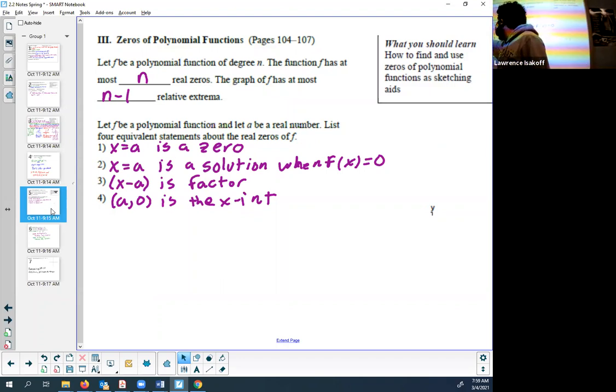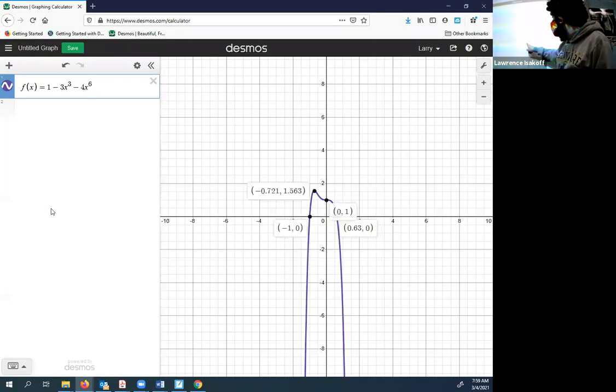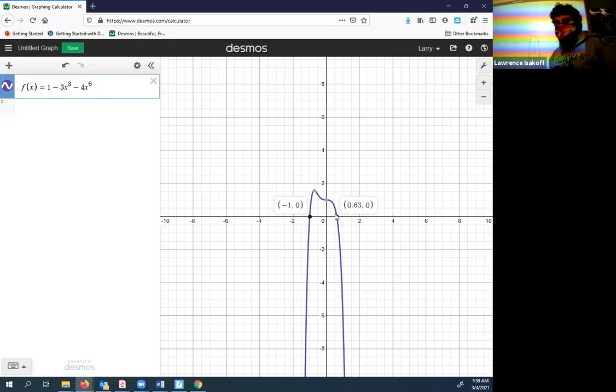I could say that x minus a is a factor of it. And I can also say a comma 0 is the x-intercept. All of these are different representations of the same idea of, if I go back to a graph, where does it cross the x-axis?